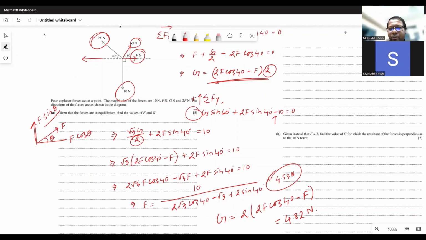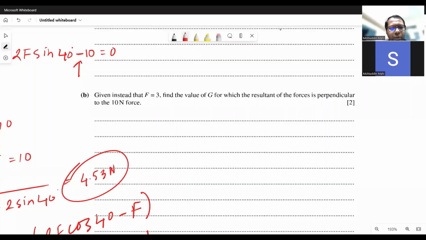So we're done with A, so let's move on to question B. Now in question B, given instead that F equals 3, find the value of G for which the resultant of the forces is perpendicular to the 10 Newton force. So let's draw the diagram again. In this direction, the 10 Newton force was acting in the downward direction.